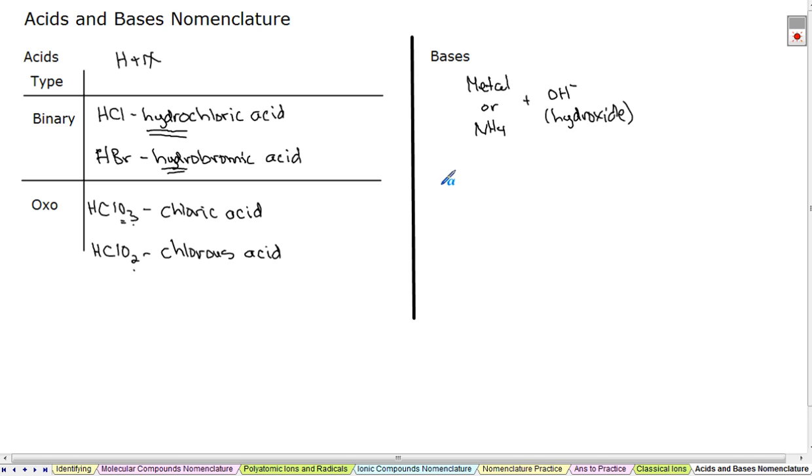An example of one, it's called in industry caustic soda, would be NaOH. And that's just simply put sodium hydroxide. Another example of one would be Ca(OH)2, and that would be calcium hydroxide.